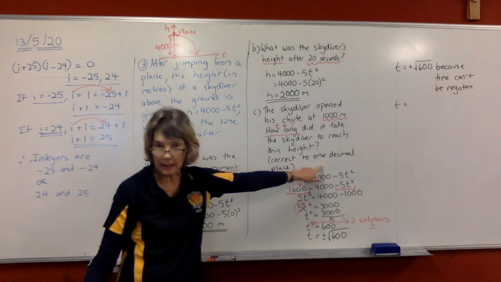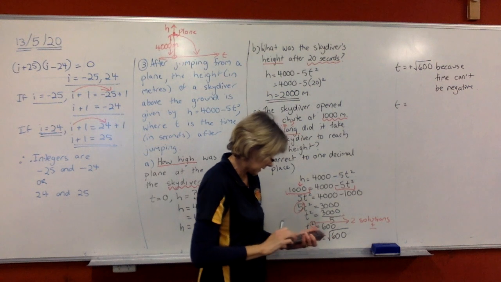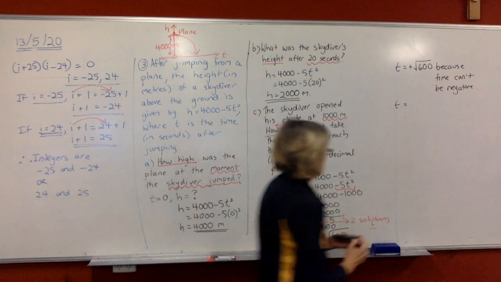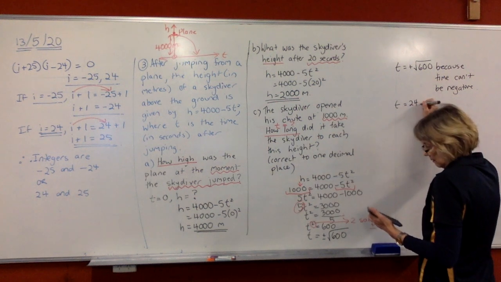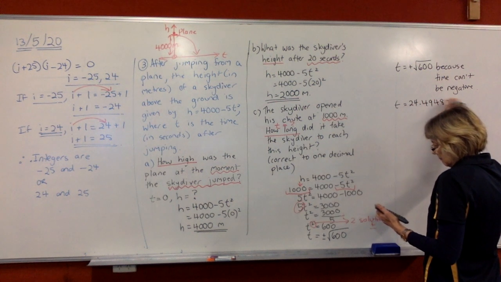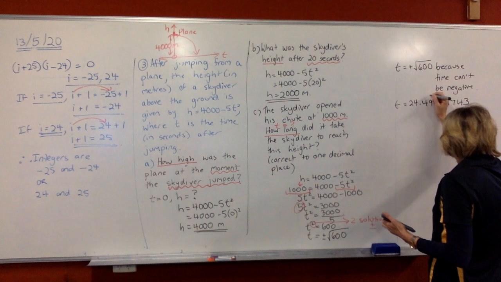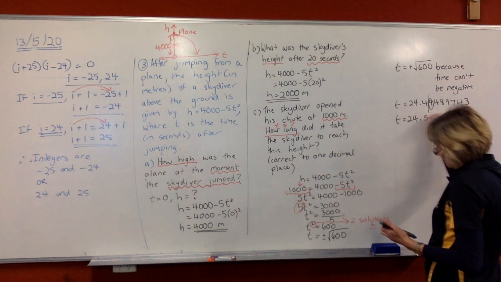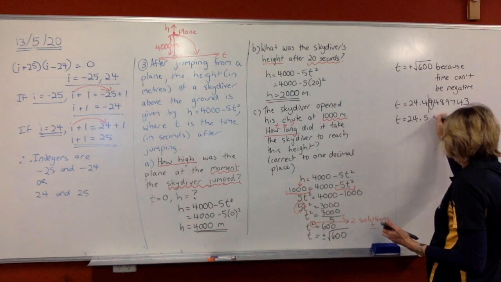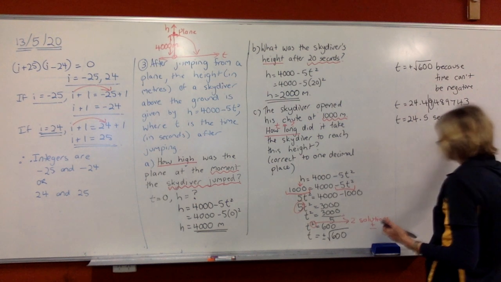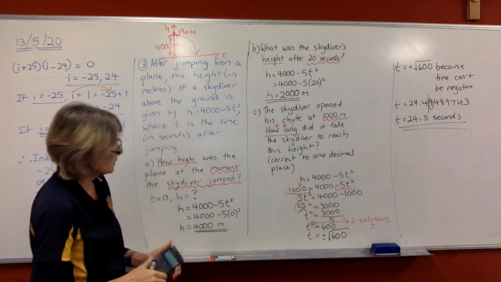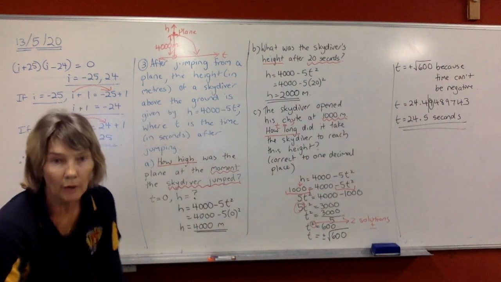They've given you a hint here, and it's going to be to 1 decimal place. When you work it out on the calculator and then round to 1 decimal place, you'll end up with 24.5.